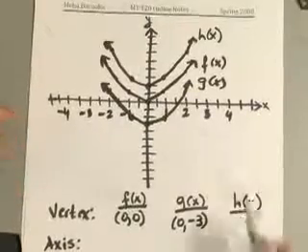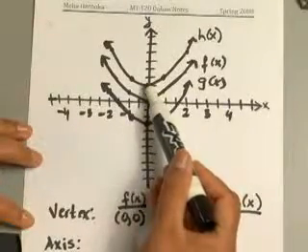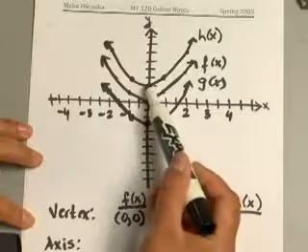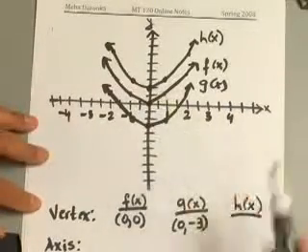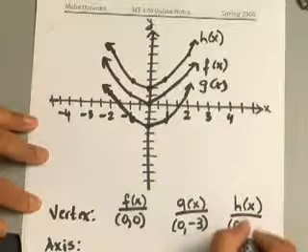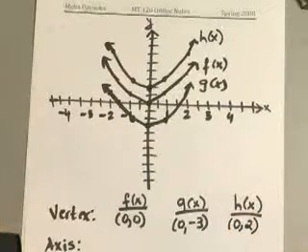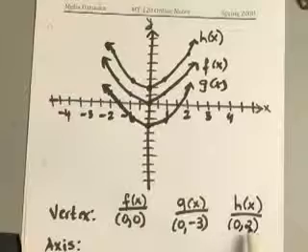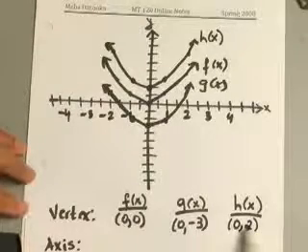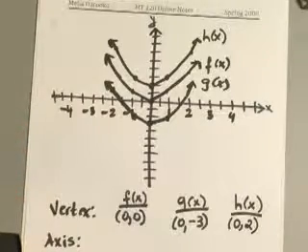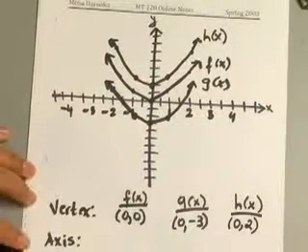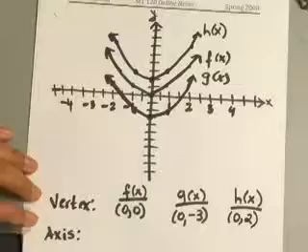Okay, and then for your h of x, this is your vertex, which is moved up 2 units from the f of x function, and so your vertex here is going to be the point 0, 2, and again you can see that 2 was the k constant on your function definition.